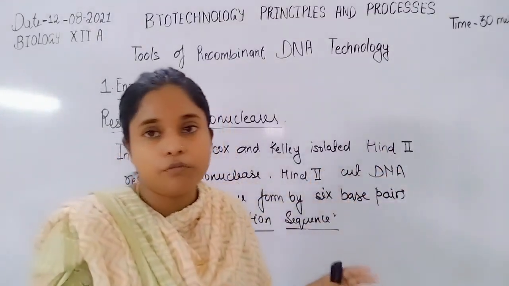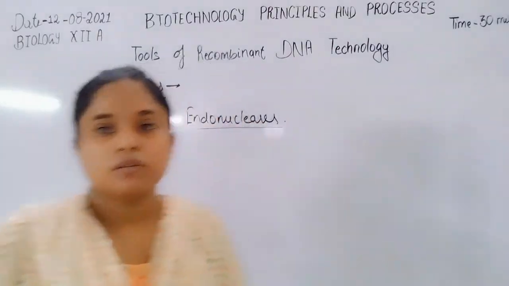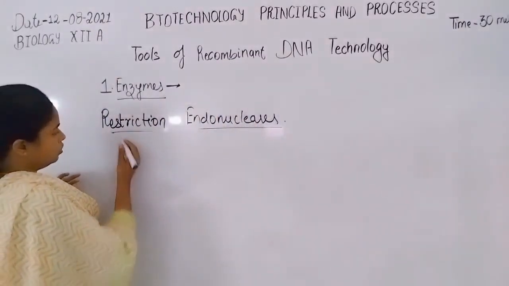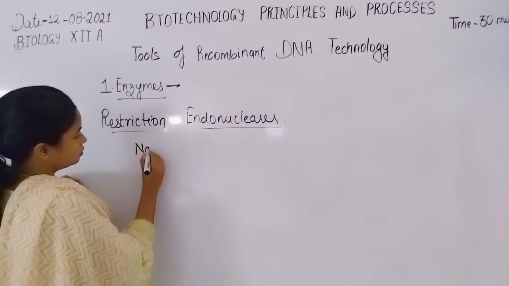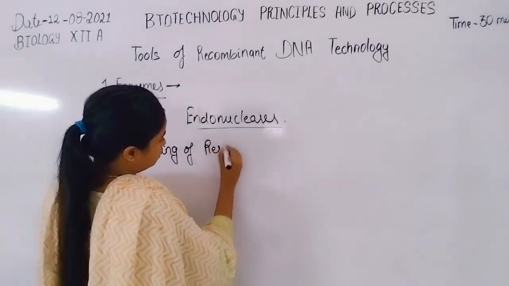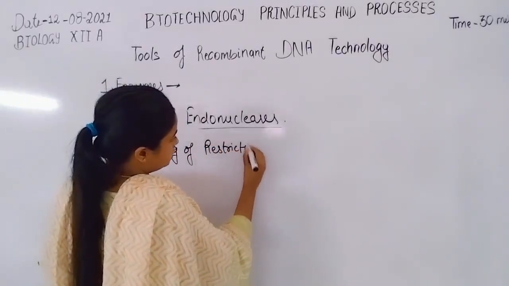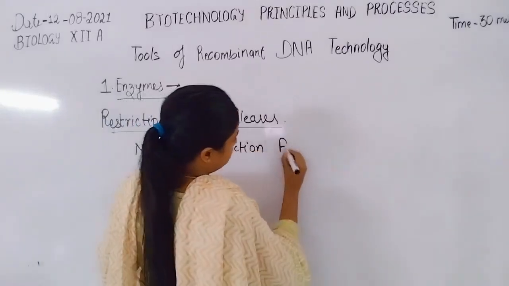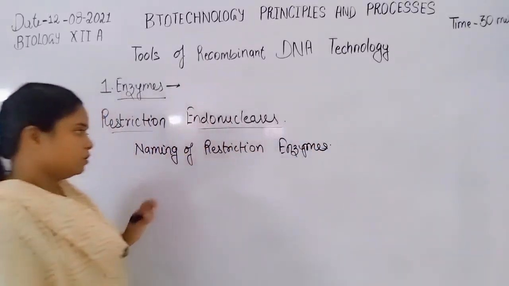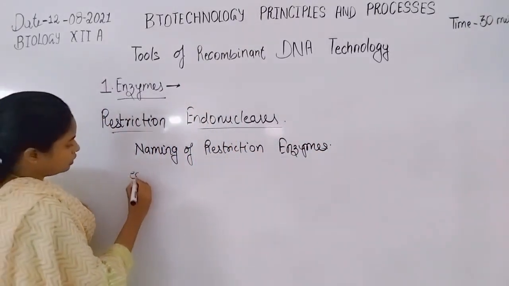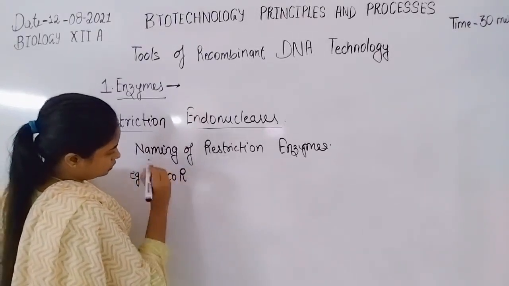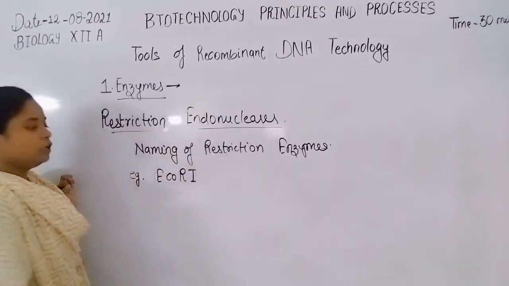So, naming of restriction enzymes. For example, EcoR first: EcoR is capital and then the numeral first.